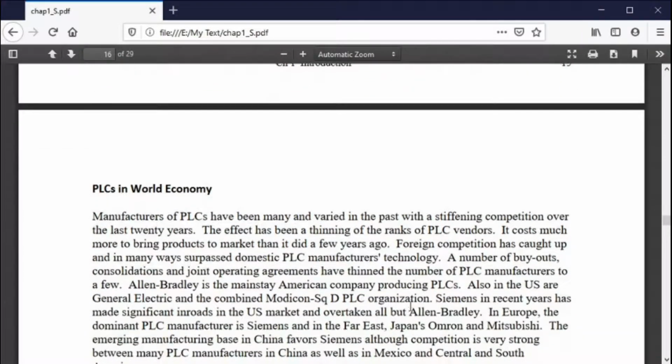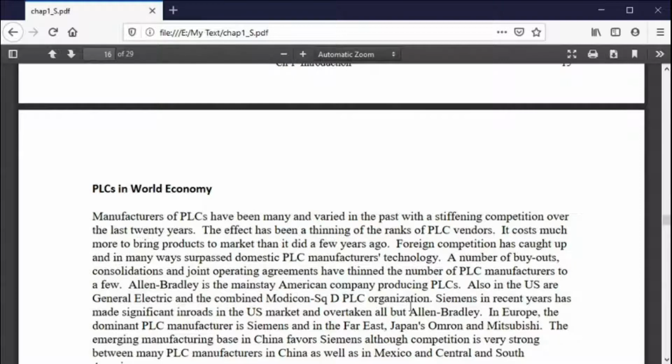So PLCs have been around since the late 60s. At first we had a rush for everybody to get in the market, and then over time this number has thinned out. As some people drop off, others have come in, but basically through buyouts and acquisitions and bankruptcies, we have seen a lot of the early vendors drop off. There are really three groups now.